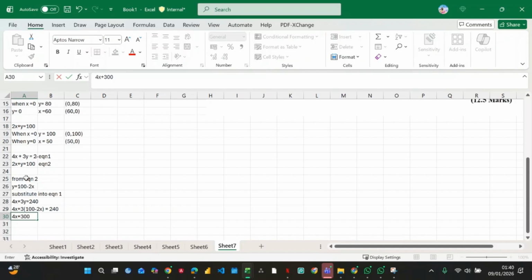We now have 4x plus 300, that is 3 times this, minus 6x equals 240. 4x minus 6x will give us minus 2x. Do you understand?